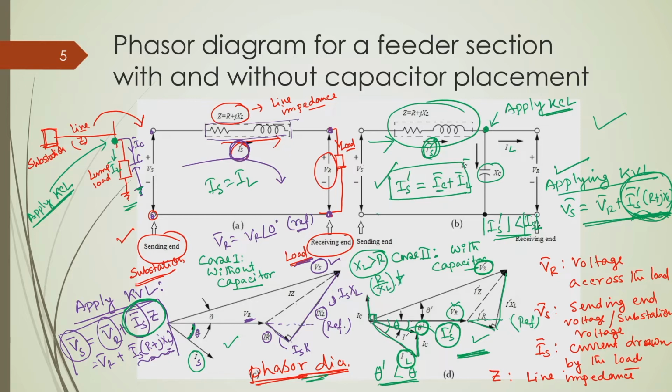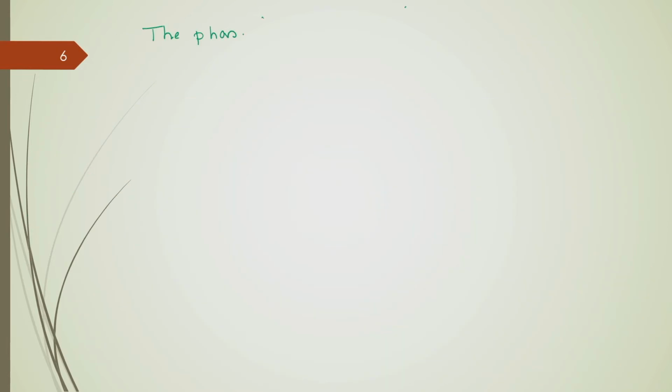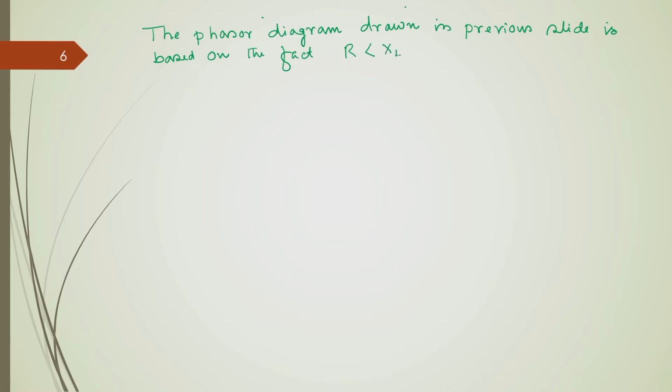So, the phasor diagram drawn in the previous slide is based on the fact that R is lower than XL.